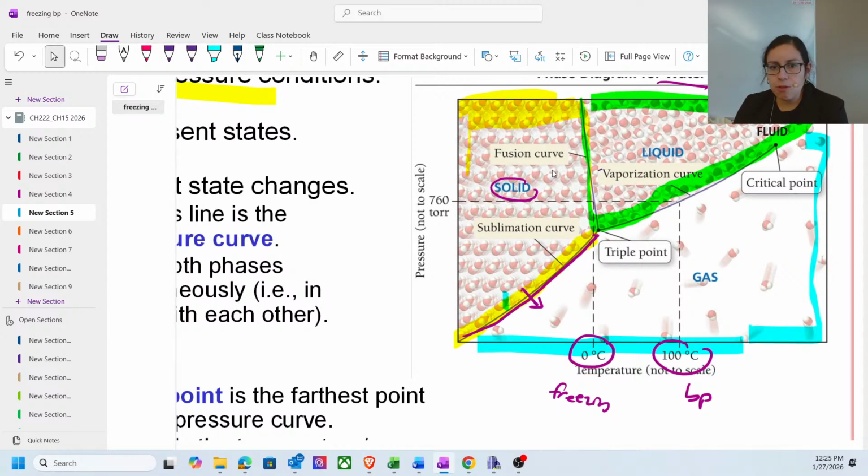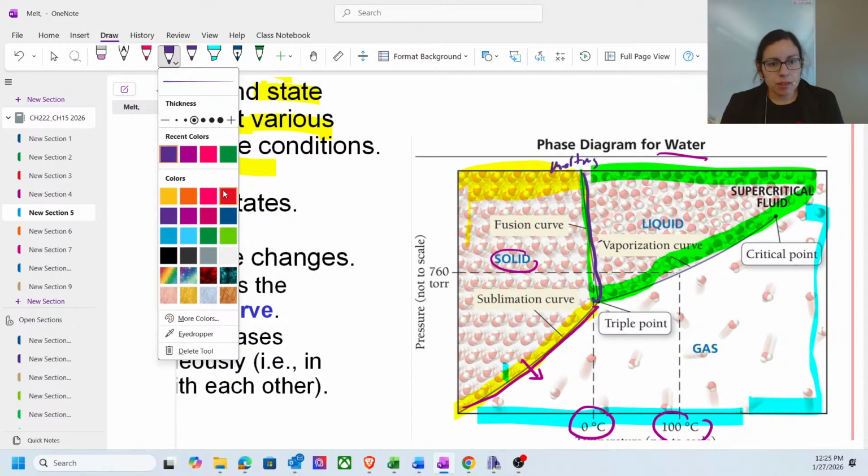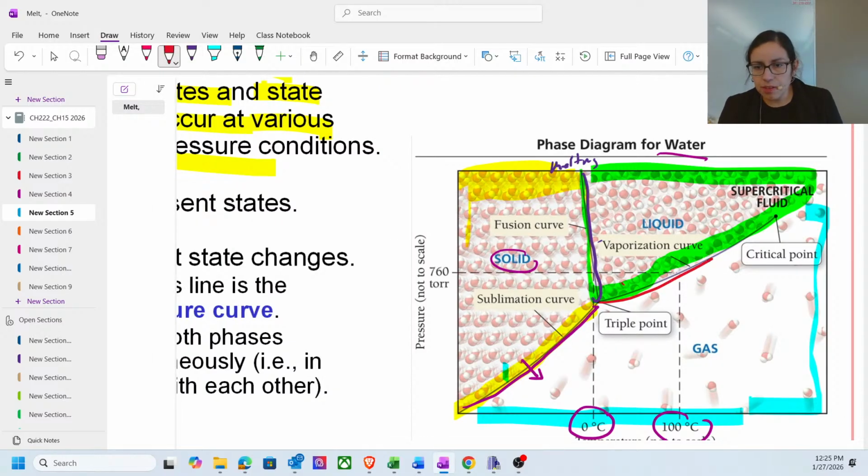Fusion curve, remember that's our melting, and so that's why we have it here, solid to liquid. So just note these conditions where melting occurs. And then along this line is going to be our vaporization curve, going from our liquid to our gas state here.